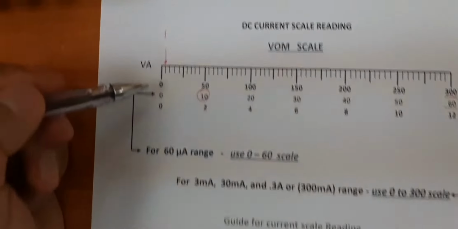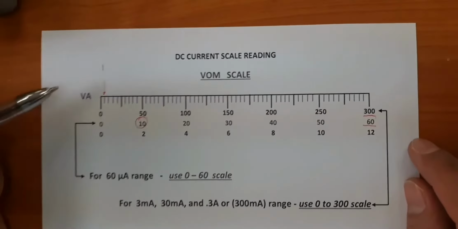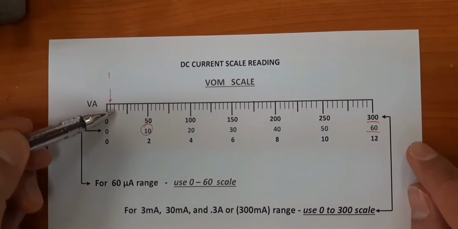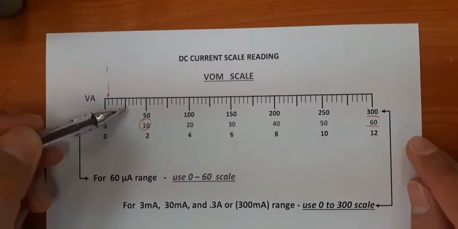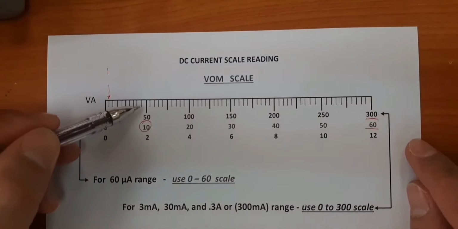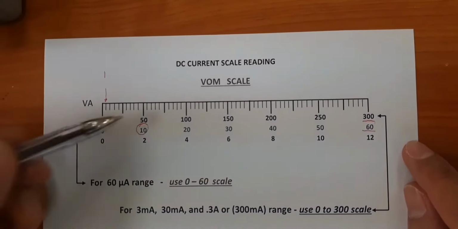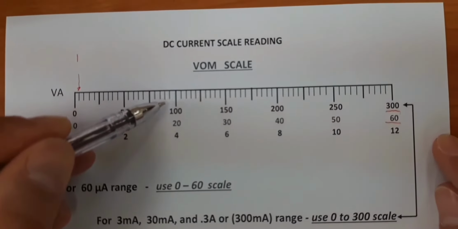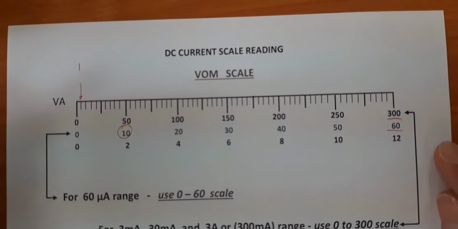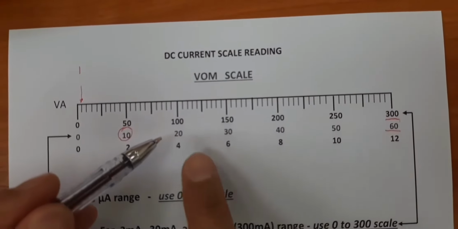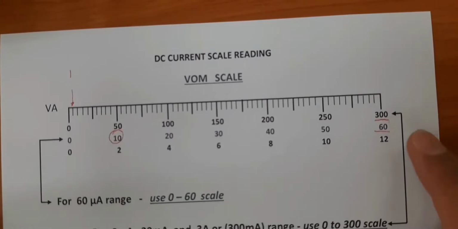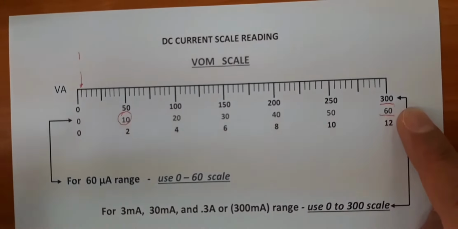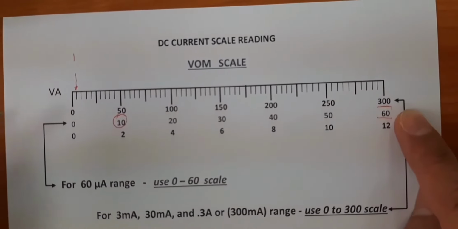So if we are going to use the scale of 60, we will count this subdivision as 1, 2, 3, 4, 5, 6, 7, 8, 9, 10, 11, 12, 13, 14, 15, 16, 17, 18, 19, 20, and so on and so forth, until we reach the maximum of 60. So each line or each division or subdivision is counted as 1.